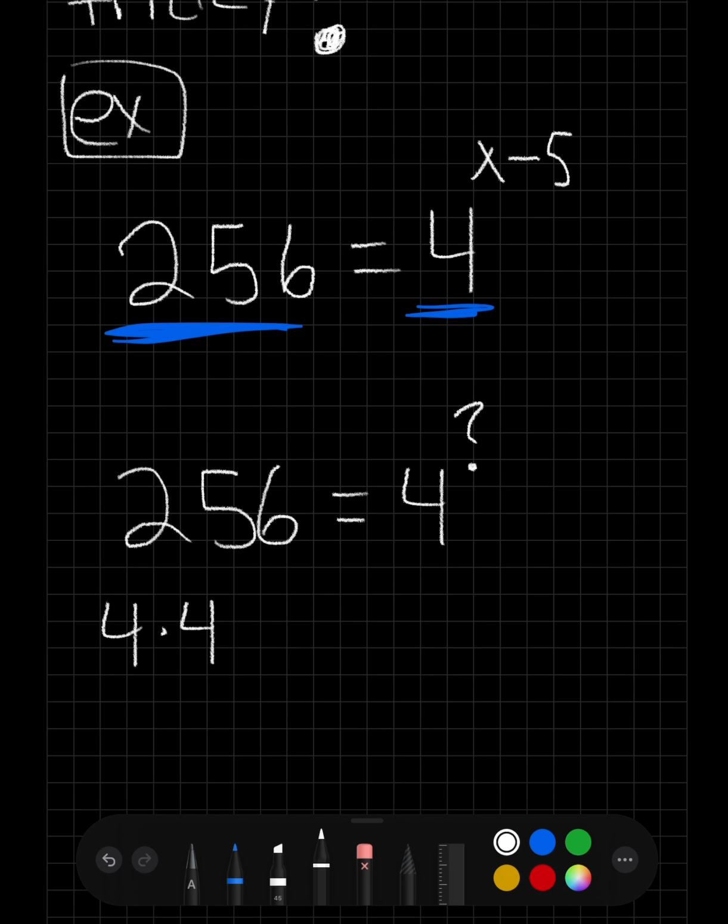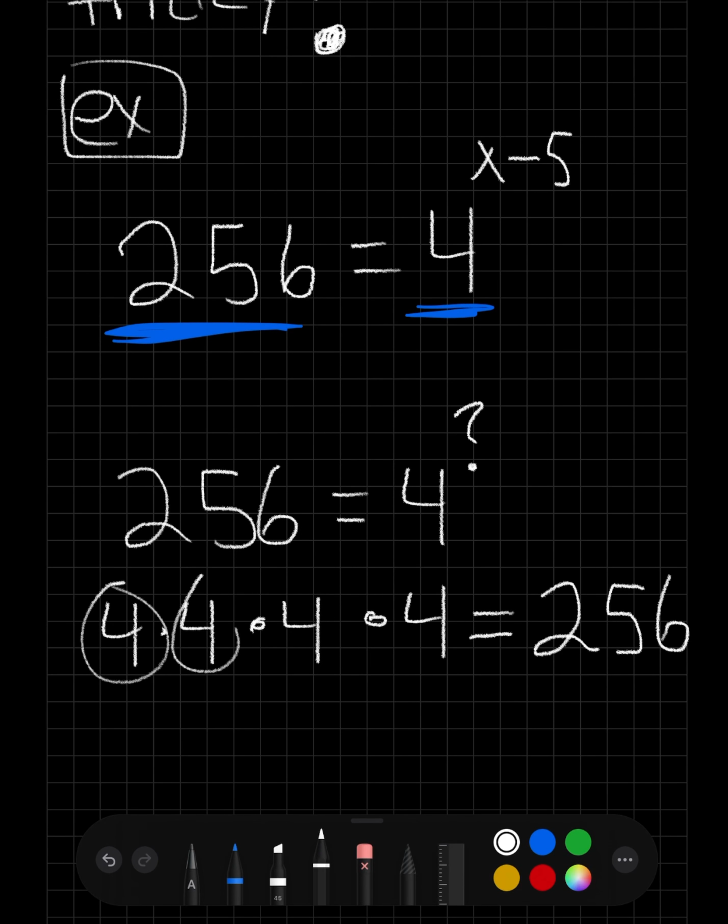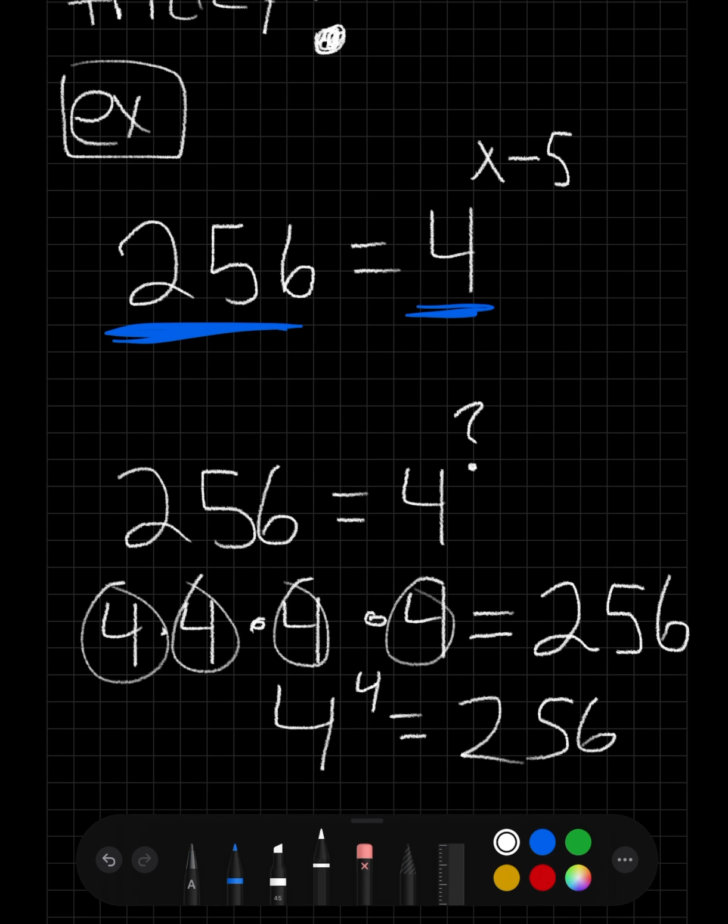So then I just sit here and think to myself, oh geez, well 4 times 4 is 16. And if I multiply another 4, that gives me 64. And if I multiply another 4, that's 256. You might even do that with your calculator, fine by me. So now I know that 1, 2, 3, 4, so this is 4 to the 4th power, that equals 256.